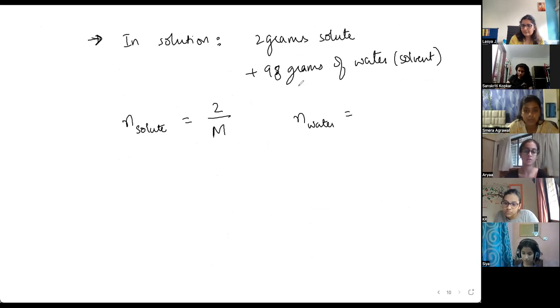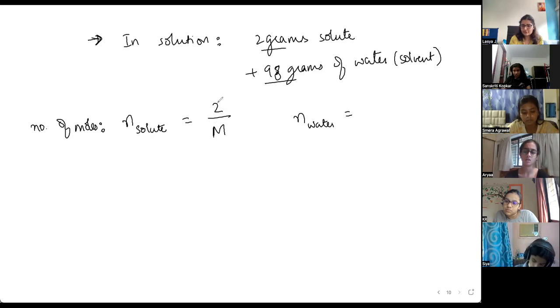What did you do after that 98 grams? So this is the given mass. Now I'm finding the number of moles. So number of moles of solute, how much will it be? How do we know that? We don't know that.